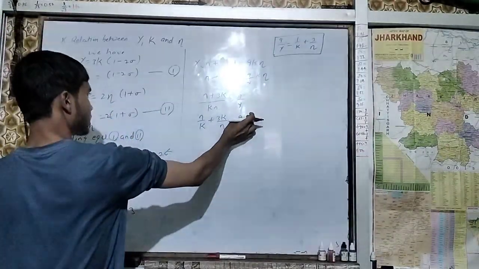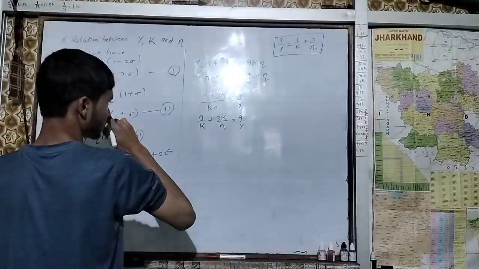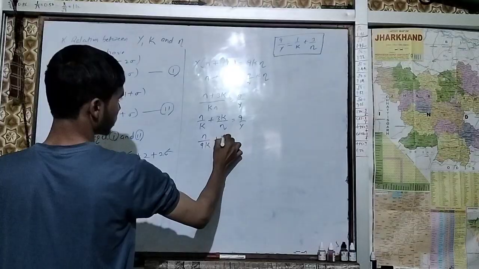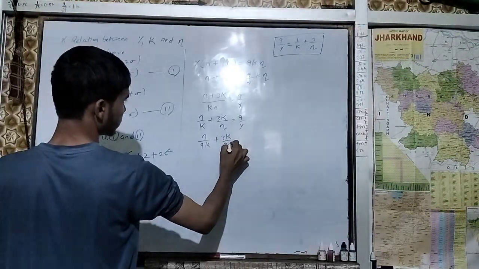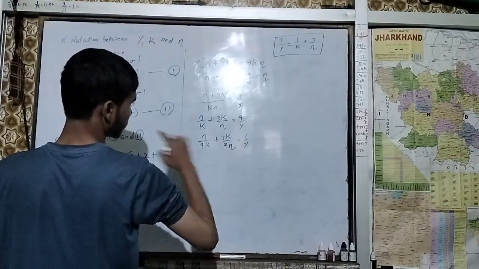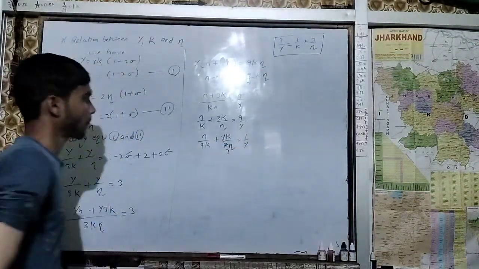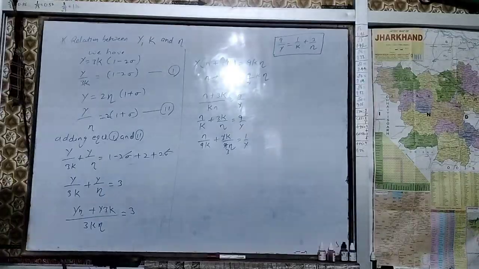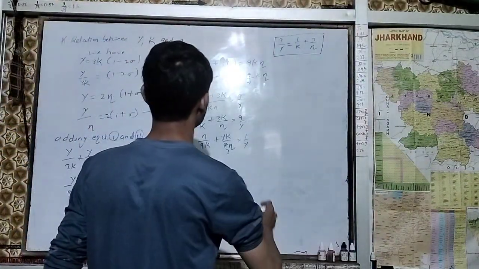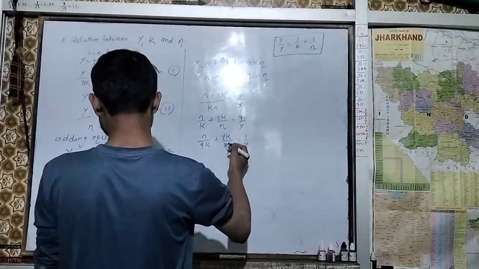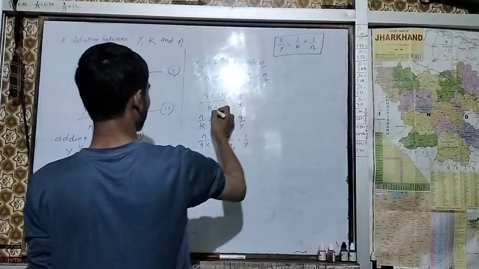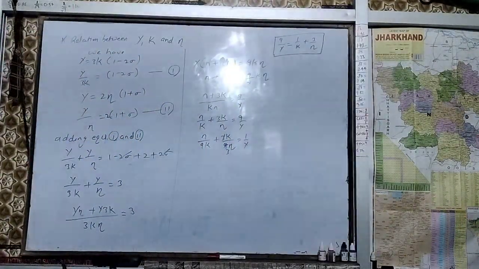Look, just shift this 9 over here, 9 in this. So I think it should become 9k plus 3k upon 9η, 1 upon y. 3 3 is a 9. 9kη, so kη came downward.